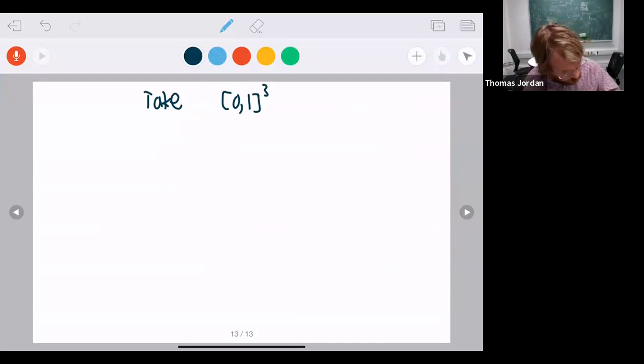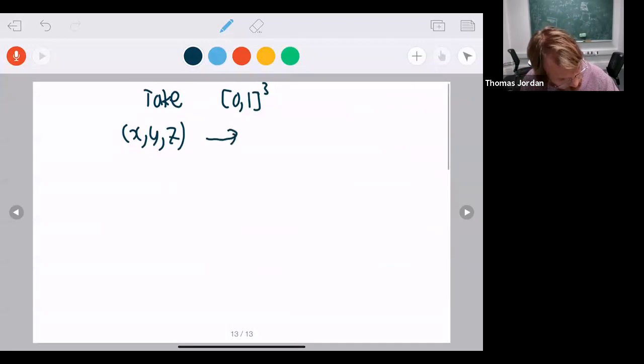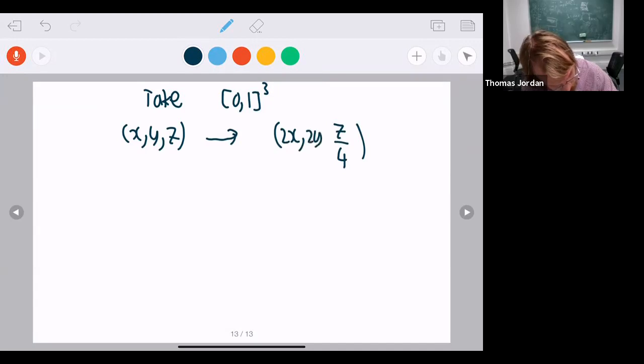How can we model our map? Well, the first thing we did was contract in one direction. So we take z in the height direction, take it to z over 4, and then we expanded in the other two directions. So to keep things simple, we have 2x, 2y, and z over 4.